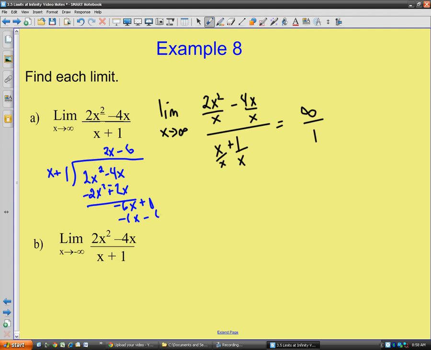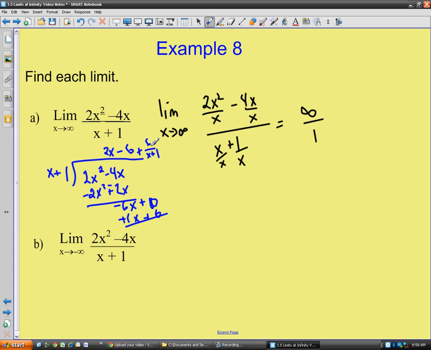Changing the signs, I end up having a positive 6, so I get 6 over x plus 1. And so now you can see that this guy is going to go to infinity. We're going to subtract 6, and then this guy will go to 0 when it's all said and done. And since that's going to go to 0, I still have infinity as my solution.